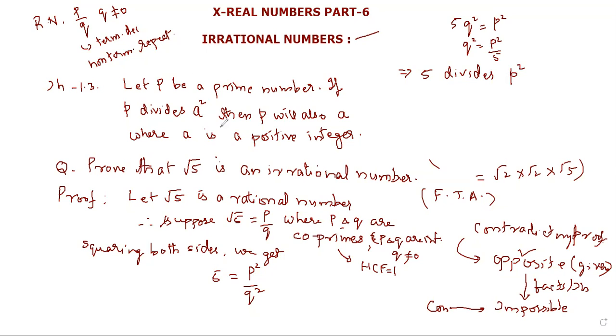Let p be a prime number and p divides a square. So 5 divides p square. As per theorem 13.1, we can say that p divides a when p divides a square. Similarly here, when 5 divides p square, 5 will also divide p. So we write 5 divides p.